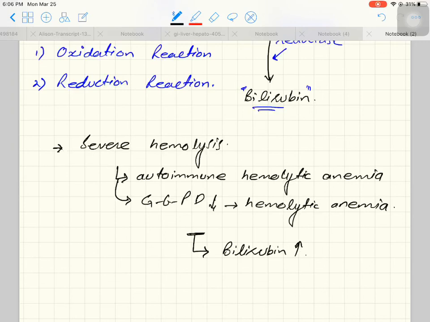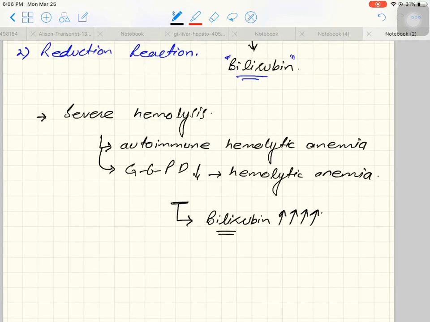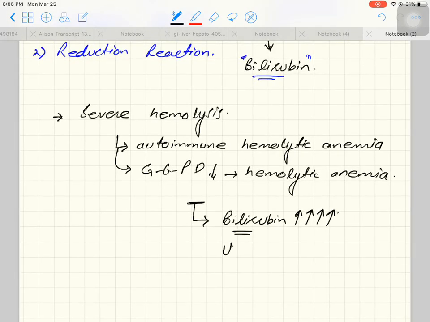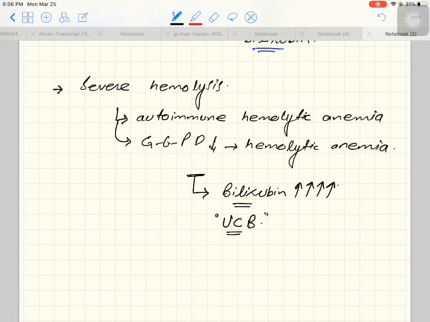The bilirubin in the blood becomes very high. And which type of bilirubin in the blood will be high? That is unconjugated bilirubin. We will discuss later what conjugated and unconjugated bilirubin are. So this condition is called isolated hyperbilirubinemia.